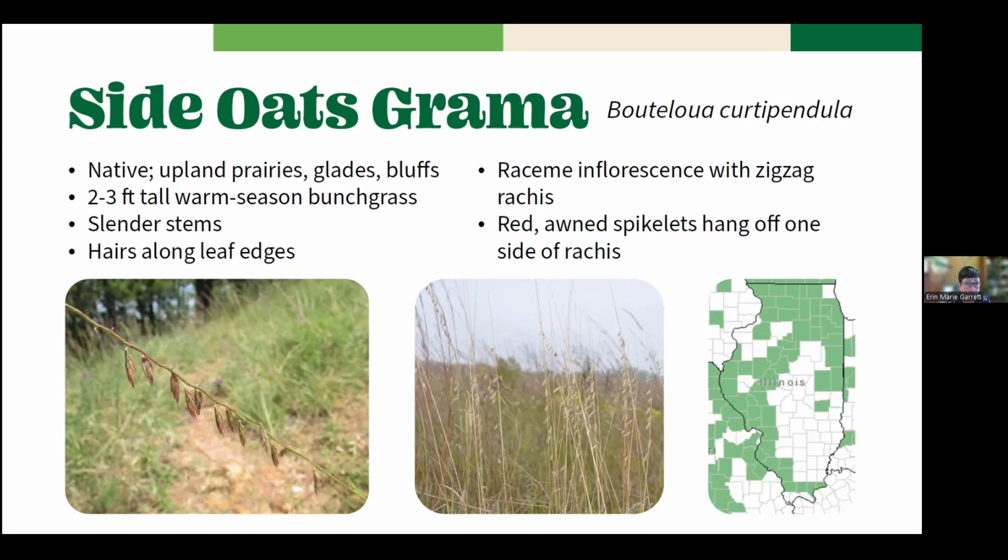And there are individual hairs that are each attached on top of a tiny little gland. So we'll look at some pictures of that, but that's a super distinctive characteristic for this grass. Hairs on glands on the leaf edges. It does have a raceme inflorescence that kind of zigzags.